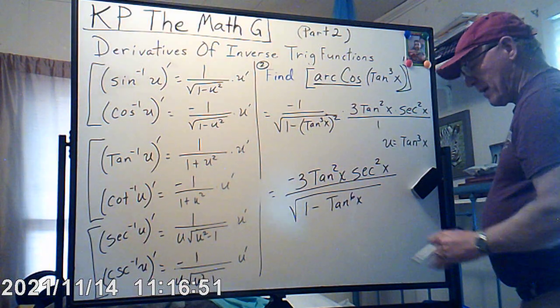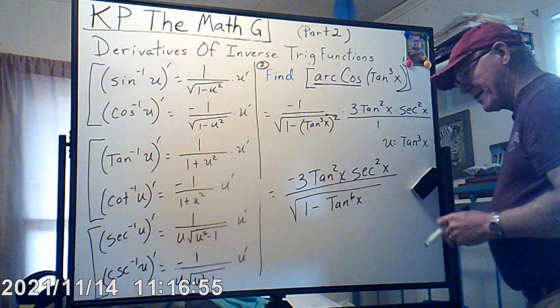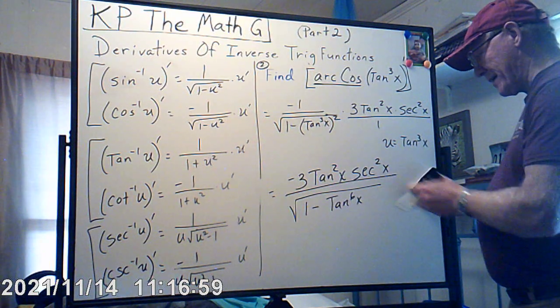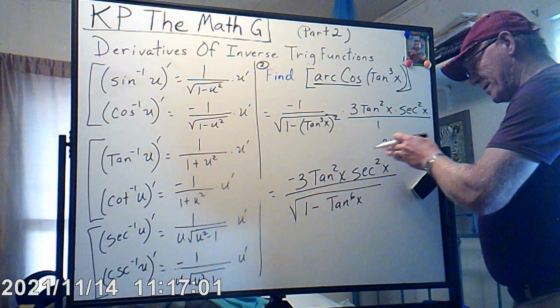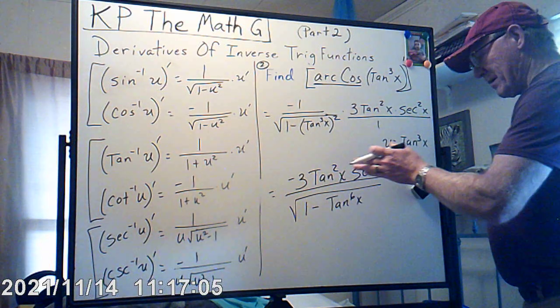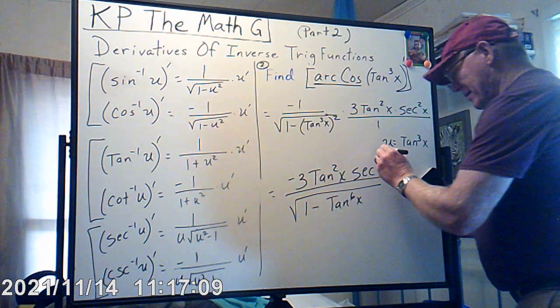You can do some arithmetic here. You can change secant to tangent. Matter of fact, you can do that very easily. I want to say it's 1 plus tangent squared is secant squared, but now I'm just going to let it be like that, and this is it right here.